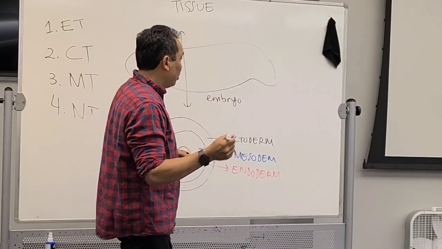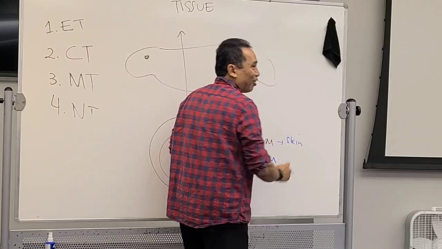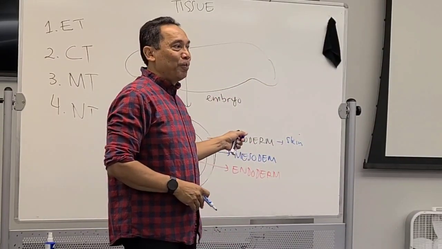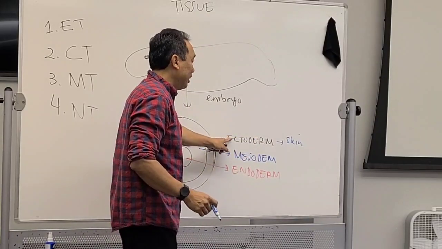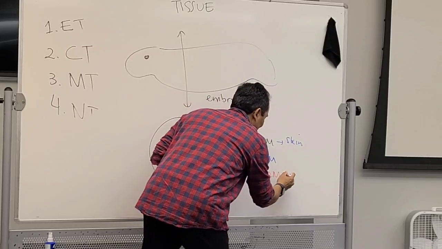Okay. Now, this ectoderm, you can imagine yourself. The ectoderm mostly will make our skin organs. So skin is made from ectoderm. Are you with me? Now, that's easy. The easiest one again over here.